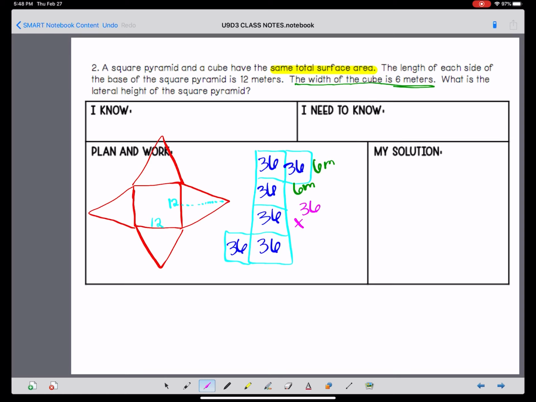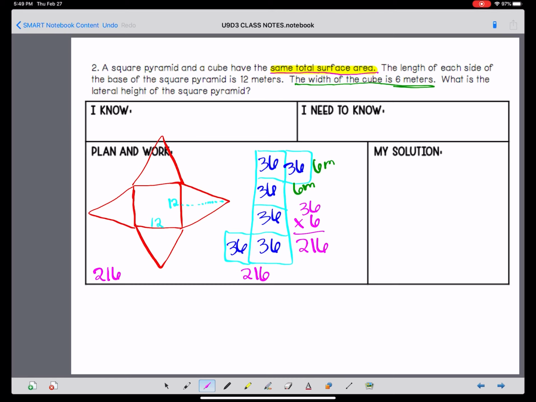And it looks like we have 6 squares. So I'm going to say 36 times 6, and that gives me 216. What this tells me is that my surface area of the cube is 216. Well, in the question it said at the very beginning that the cube and the square pyramid have the same total surface area. So I know my surface area of my square pyramid has to be 216.